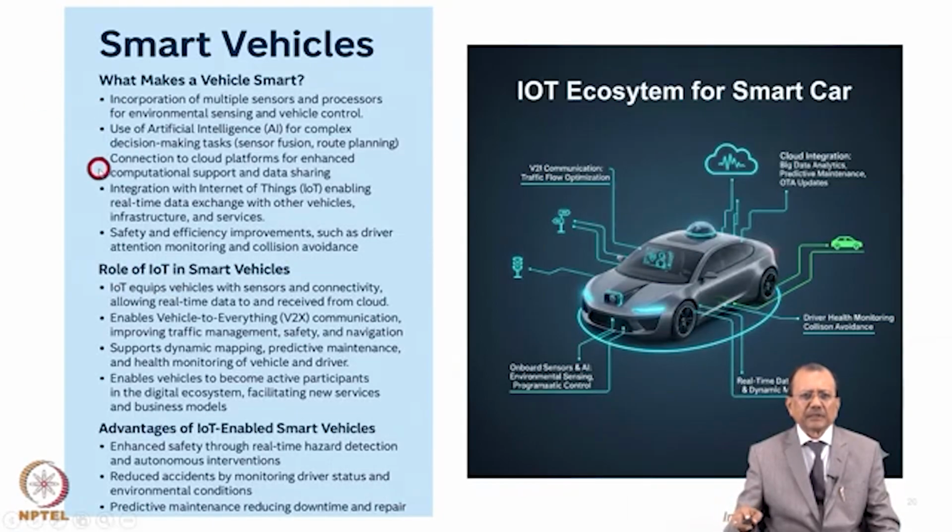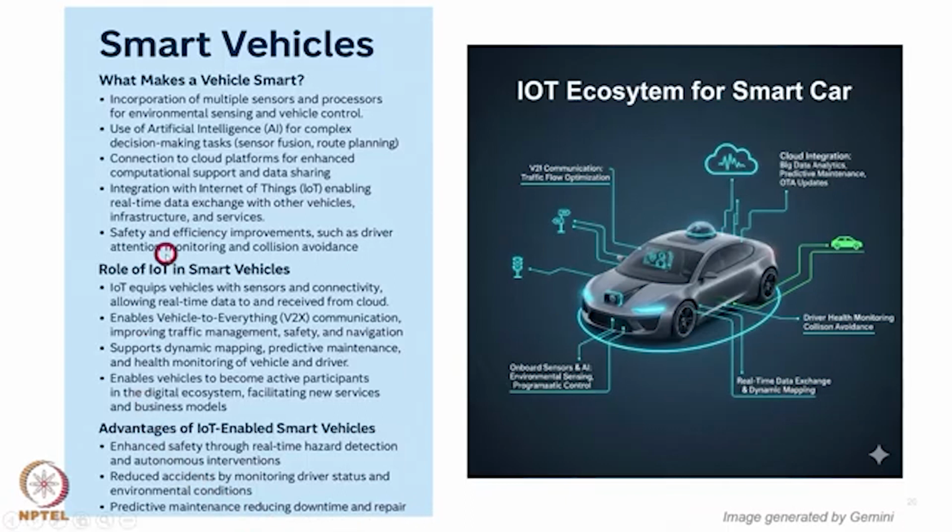The incorporation of multiple sensors and connectivity to the network makes the vehicle smart. The advantages of IoT-enabled smart vehicles are enhanced safety through real-time hazard detection, reduced accidents by monitoring driver status, and predictive maintenance, reducing downtime and repair. This is one kind of application which is being implemented by many companies in our country. In the US, it is very common that your car is always connected to the service station.